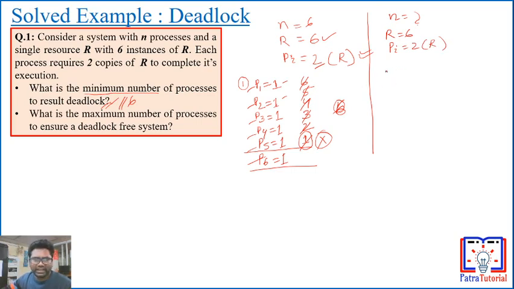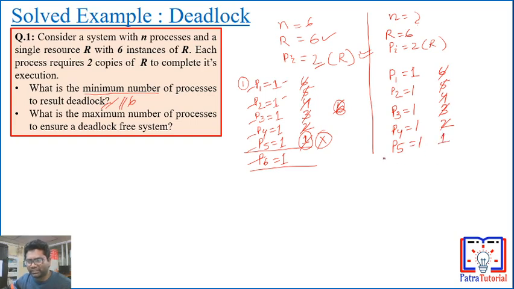Okay, so let me write again here. Suppose I am allocating one process p1 here, and I am allocating one instance to this process. Initially I had 6, now I have 5. Now p2 came here, again allocate 1, then it will be 4, then p3 came, 1, then it will be 3, then suppose p4 came here, again allocate 1, and now remaining 2, then p5 came here, allocate 1, and I have one more instance here.